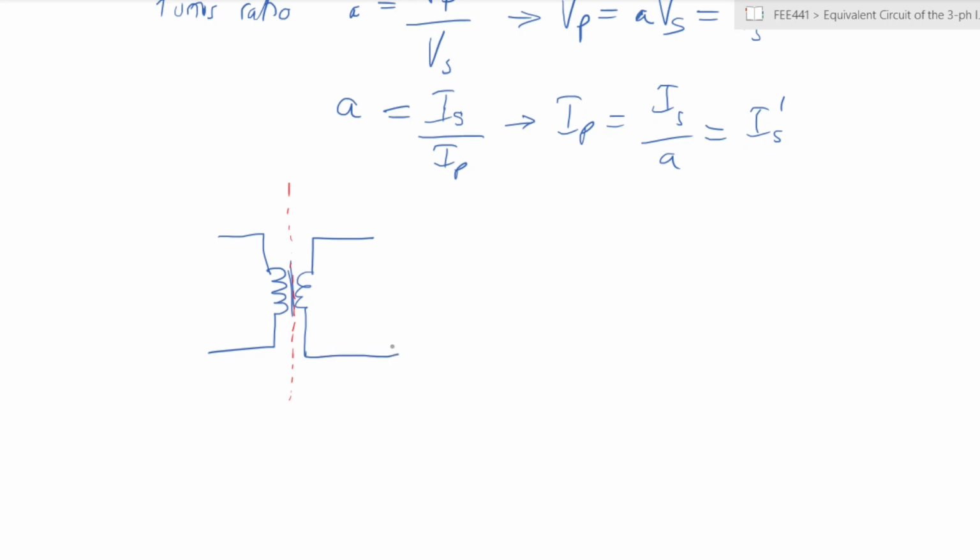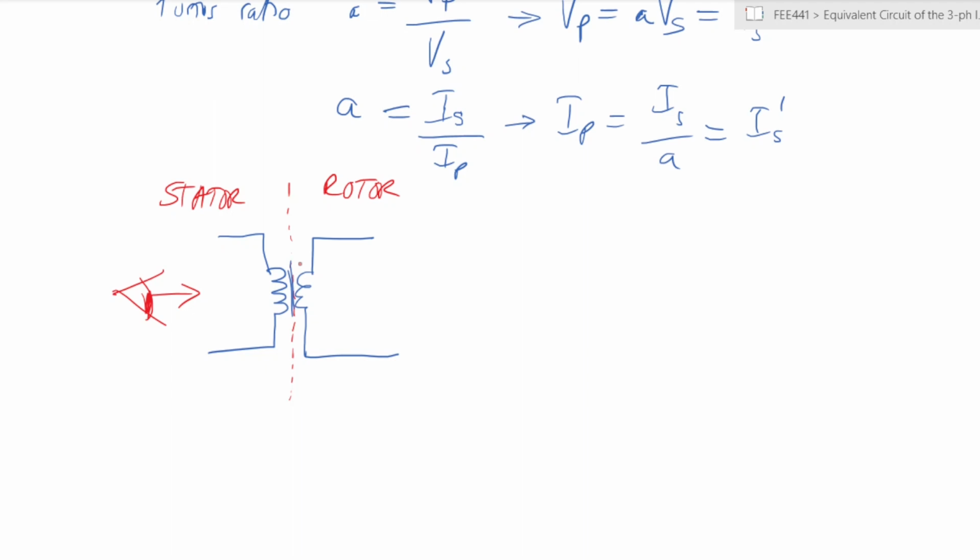So this is the stator side and this is the rotor side. If our eye is looking at it from that side, because that is where our supply comes from, then from the point of view of the supply, you have your voltage and your current being looked at from this side. So we want to see, according to the stator, what effective current and voltage does it see, right?